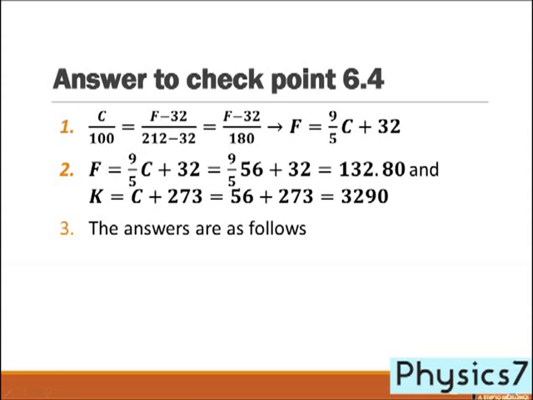And for the second part of the question, we can determine F, the temperature in degrees Fahrenheit, if we know the temperature in degrees Celsius, and we're given the temperature in degrees Celsius is 56 degrees Celsius. So we substitute the value for C, and that value is going to be 56.